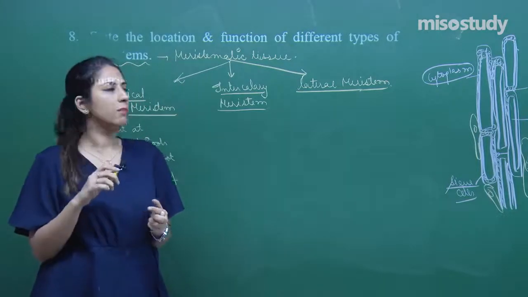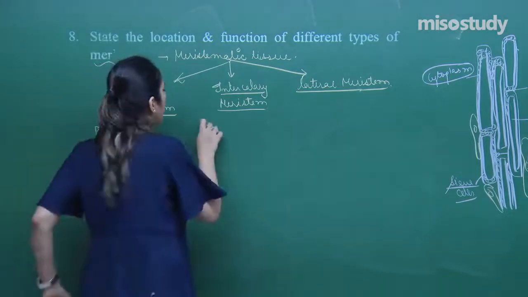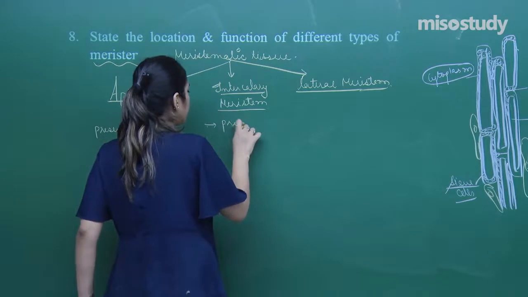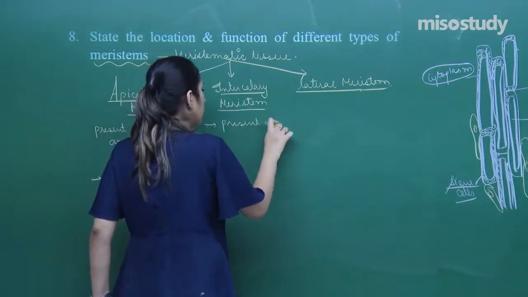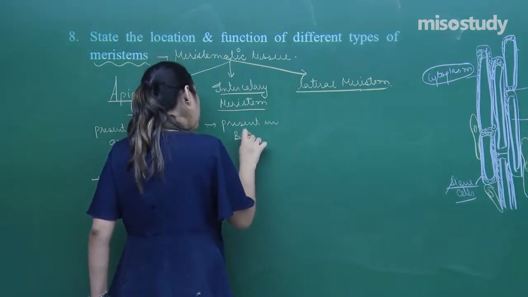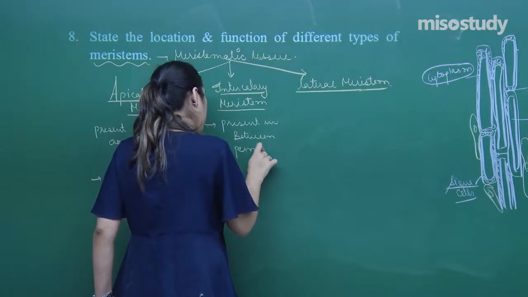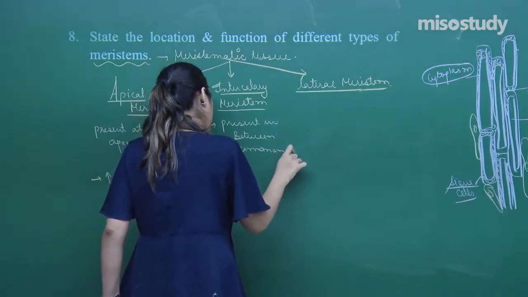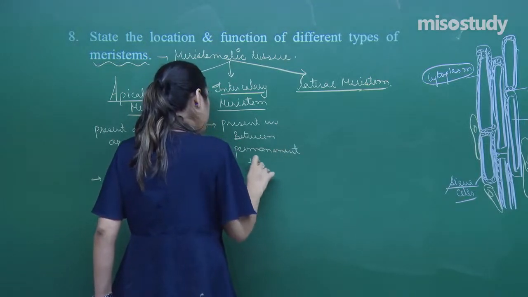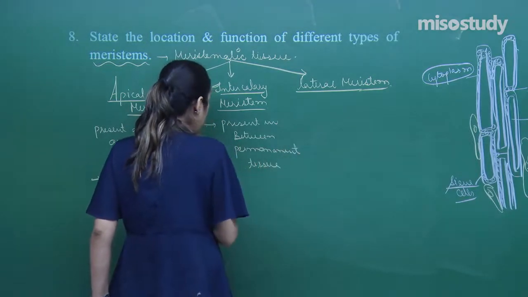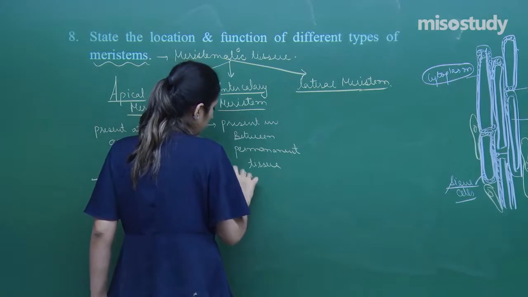After that, we have the intercalary meristem. Intercalary meristem is that meristem which is present in between permanent tissue. And they are also present at the base of the internode.